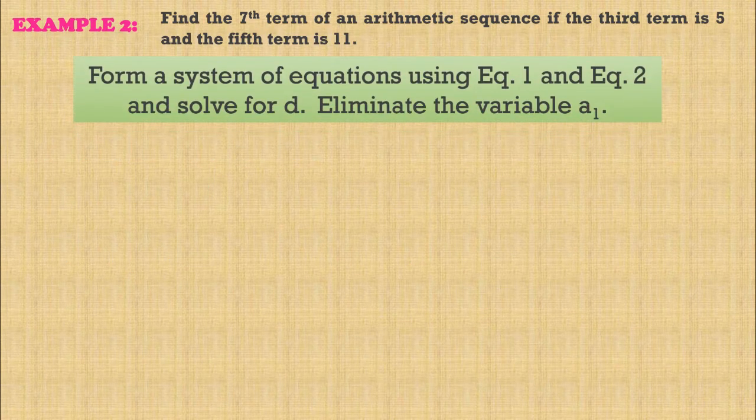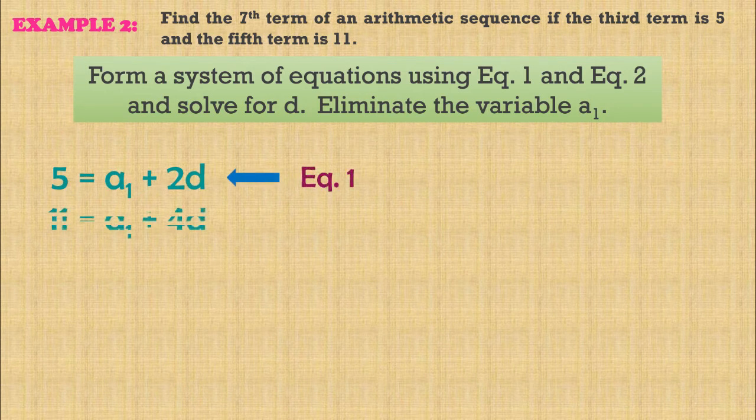So let's form a system of equations using equations 1 and 2. So we have 5 equals a sub 1 plus 2d. This is equation 1. And we have 11 equals a sub 1 plus 4d. This is our equation 2.